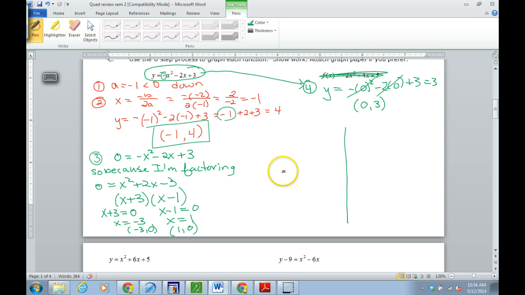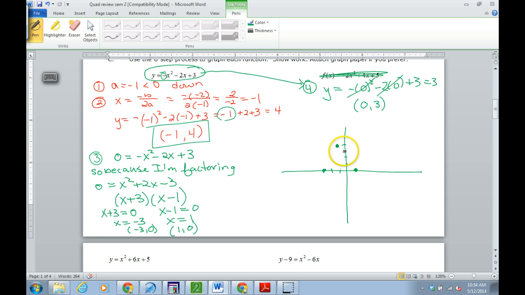So graphing that. If I plug in this for my vertex, (-1, 4), I'm going to go over to -1 and up 4. So my first point will be right here. My intercepts are (-3, 0) and (1, 0).